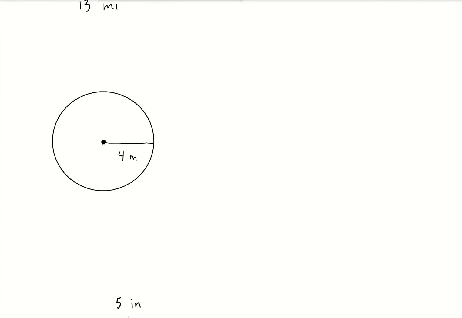All right, last one, we have our circle. The circle is interesting. This one is very different from the rest of them, has nothing to do with the rest of them. Our formula for a circle is going to be area equals pi r squared. If you can't find the pi button on your calculator, you can sub in 3.14 for pi.